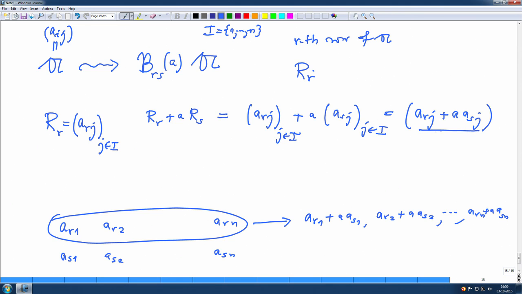Watch it, j is varying here. So pre-multiplying A by this elementary matrix is equivalent to making a row operation. Similarly, if I multiply from the right side, that is like a column operation, and the proof is similar.